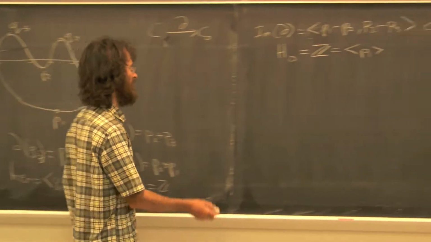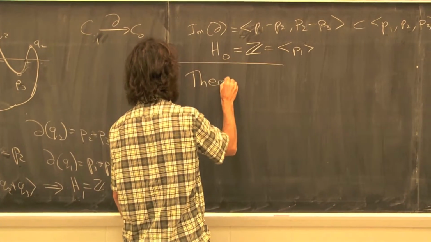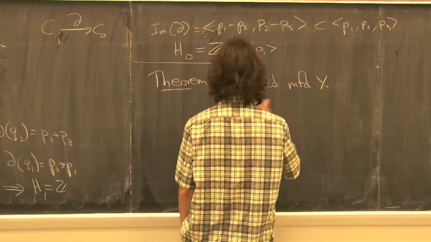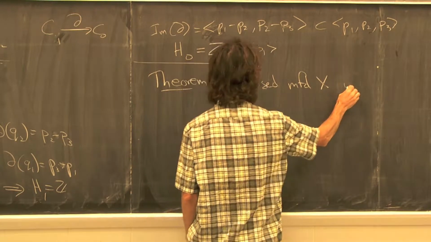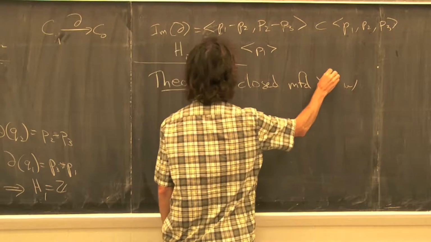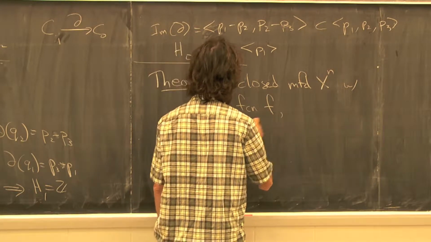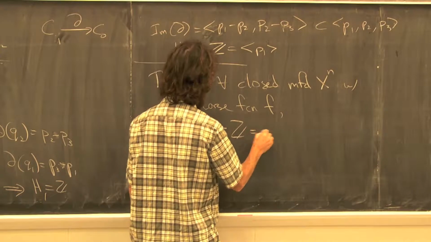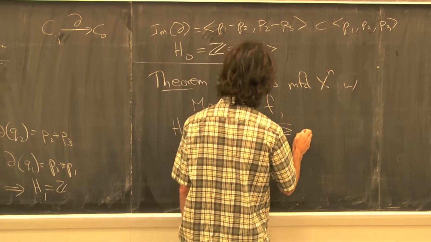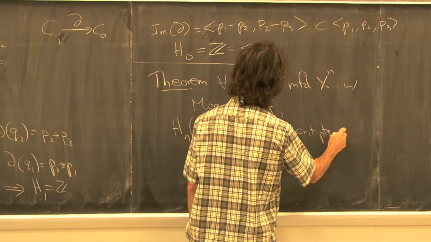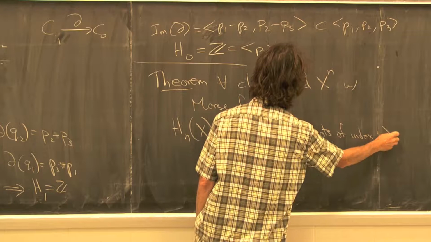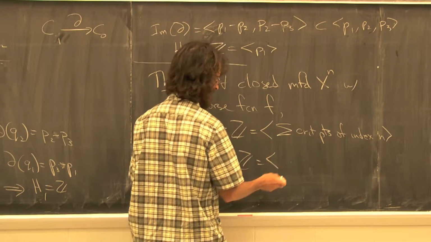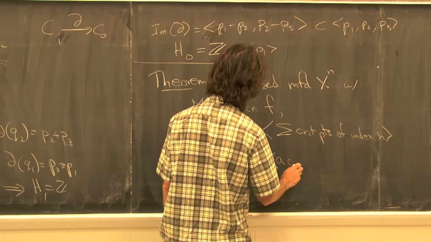In fact, probably you can, for any closed manifold X of dimension N with a Morse function F, the top dimensional homology of X is equal to Z generated by the sum of all the critical points of index N. And the lower dimensional homology is equal to Z generated by a single critical point of index 0.